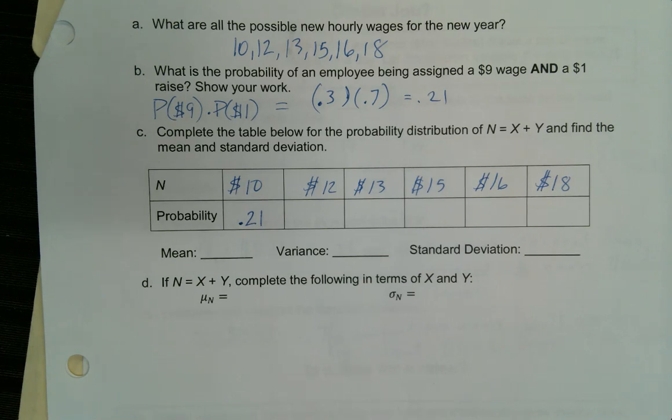What's a tool that we learned back in chapter 5 that might be beneficial here? That shows the multiplication and would be easy to organize all of this. The tree diagram. Down here at the bottom, you may want to draw your tree diagram to help with this. Here's my first branch of my diagram.